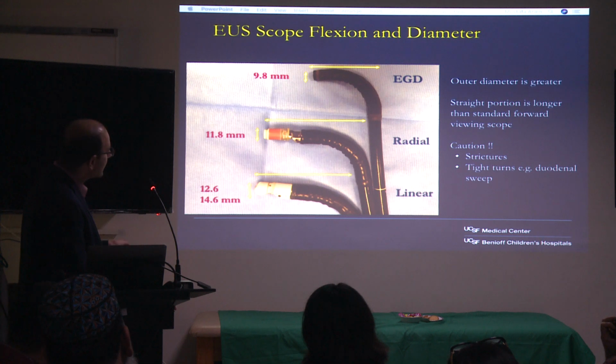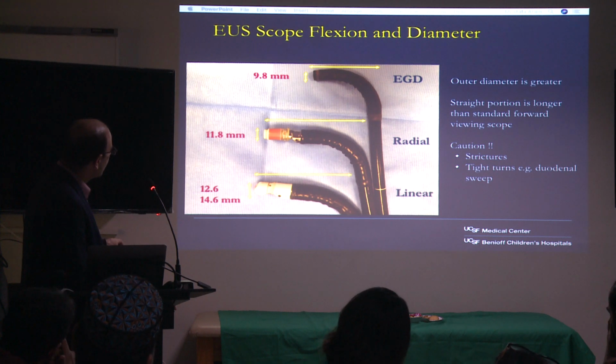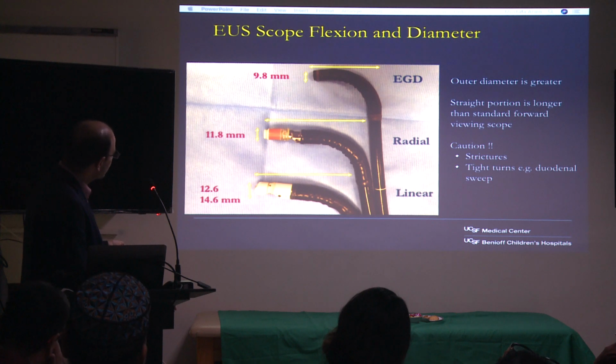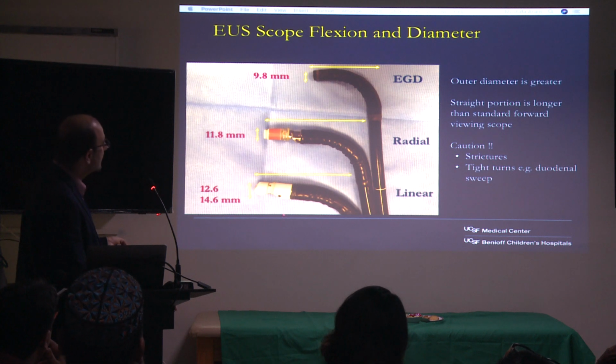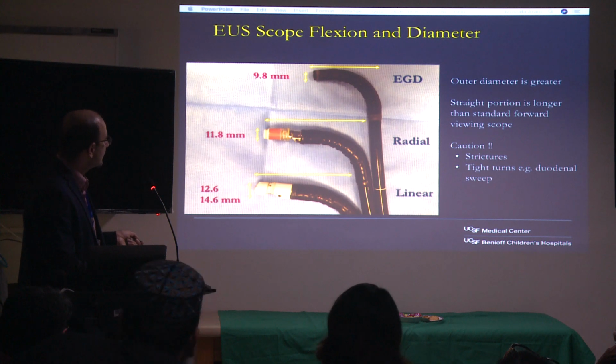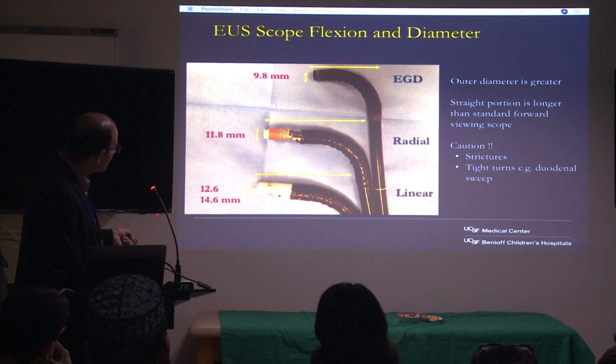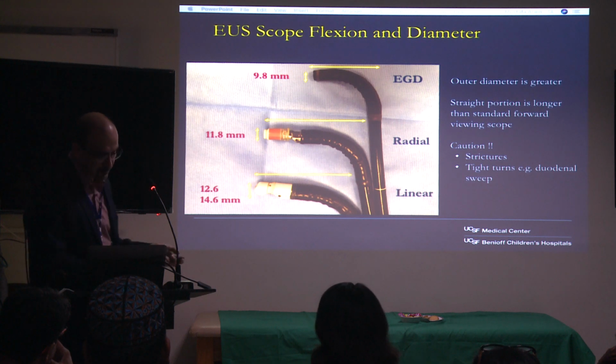But interestingly, when you look at the brochures on these scopes, they'll mention the outer diameter at the tip, which is 12.6. But as you see, it widens to 14 millimeters here. That's a big diameter. So if you're going through a stricture in the esophagus with a linear and you're having resistance, this will get wedged in the stricture, and then you're pushing, and this is bigger, and all of a sudden there's going to be a give as this pushes through the stricture and causes a perforation.